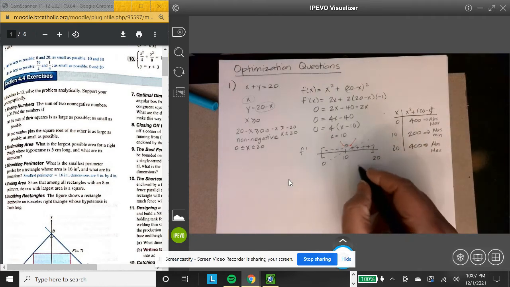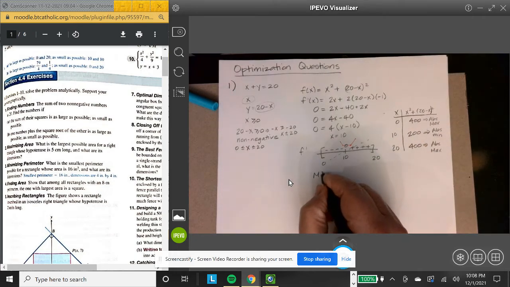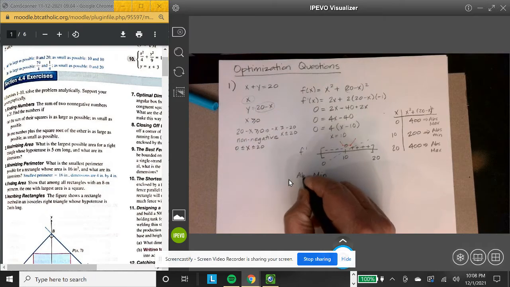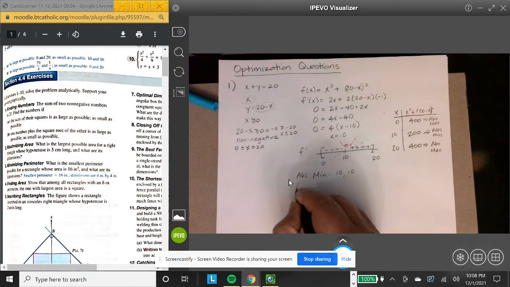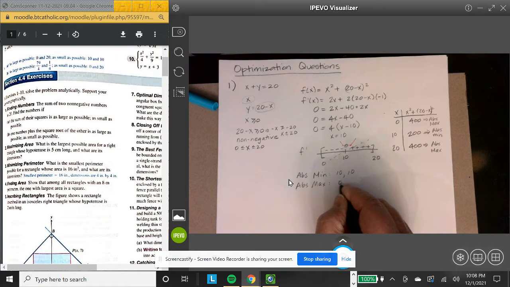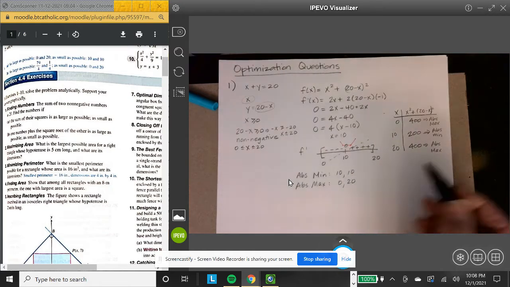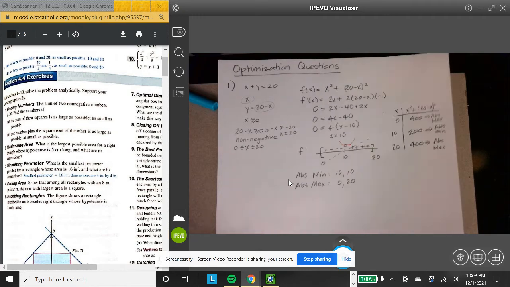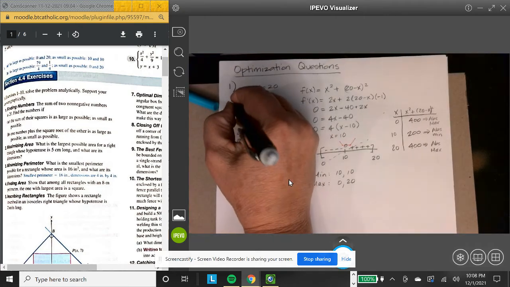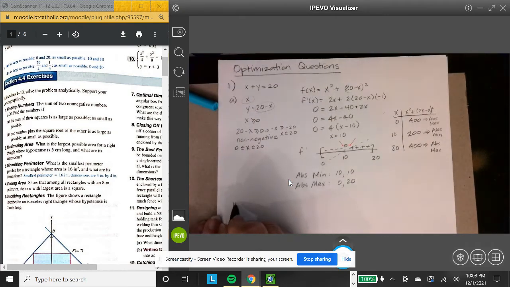So the numbers for the min are 10 and 10. And for the absolute max, the numbers are 0 and 20. The chart is my justification. All right, so that's number 1, part A. Let's look at part B.